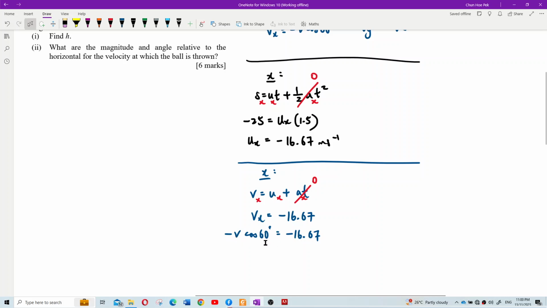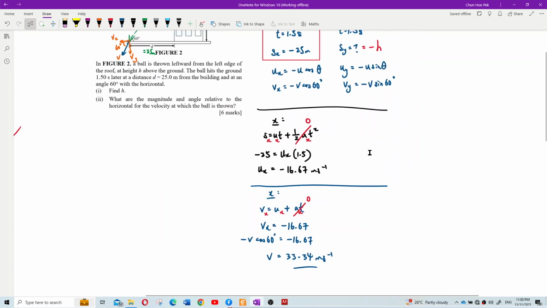So what is my V? V is 16.67 divided by cos 60. So I got 33.34 meters per second. I got my V already.